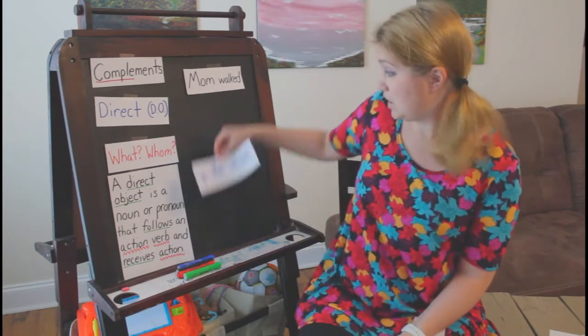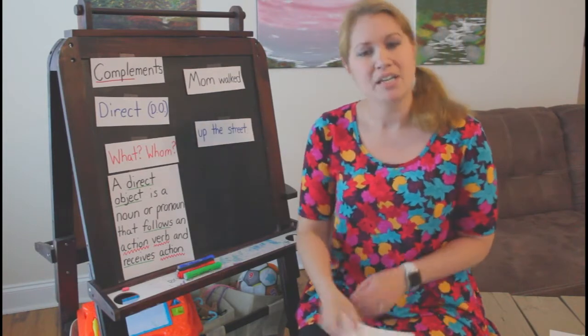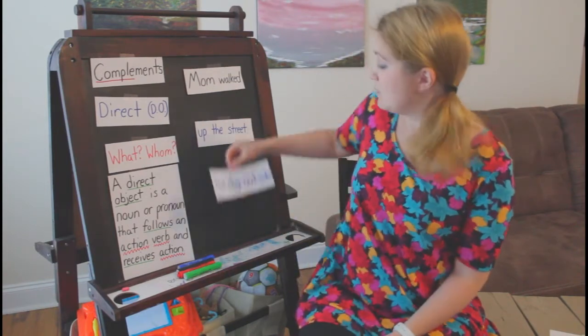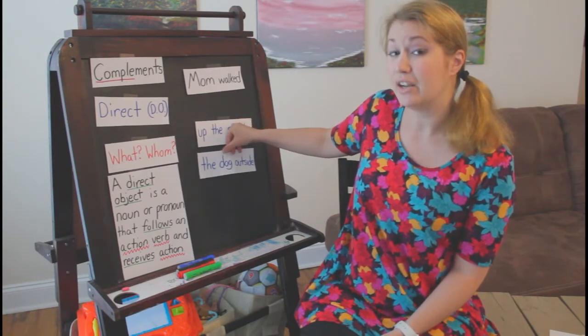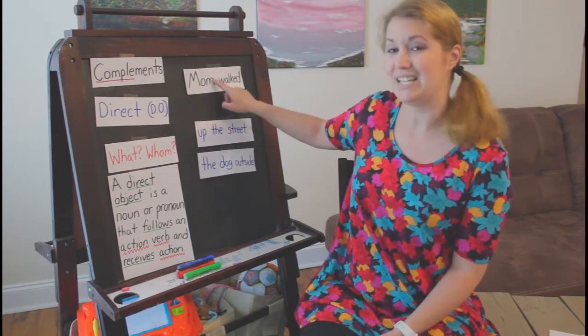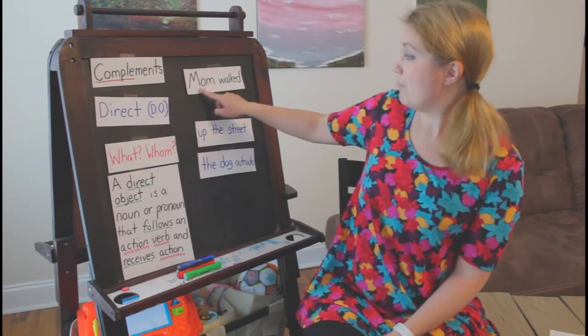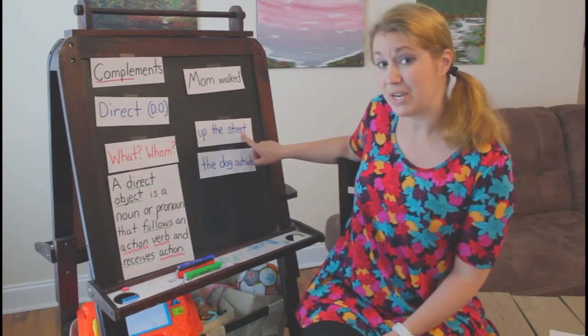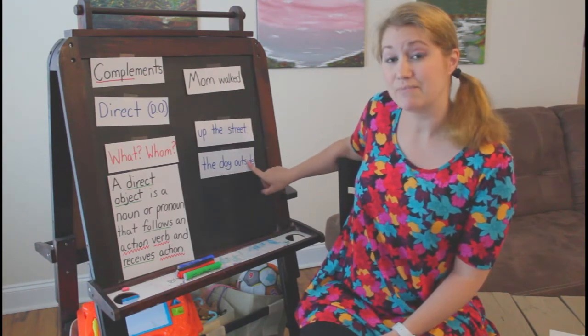Well, we could use some phrases, or we could use a direct object. Since we're working with direct objects, I want to see if you can choose which second half of the sentence here will give this sentence a direct object. Mom walked up the street. Mom walked the dog outside.